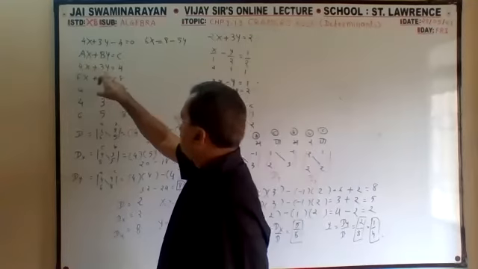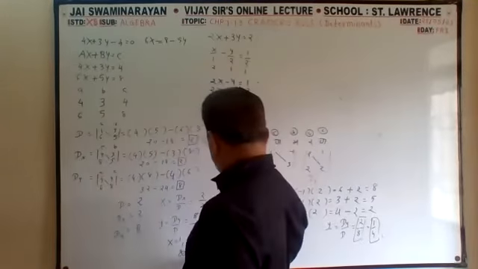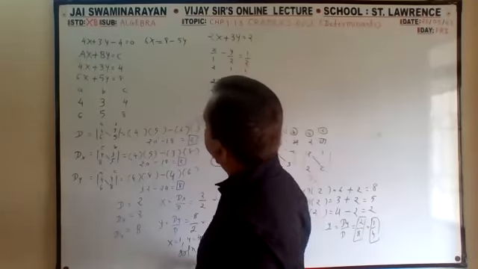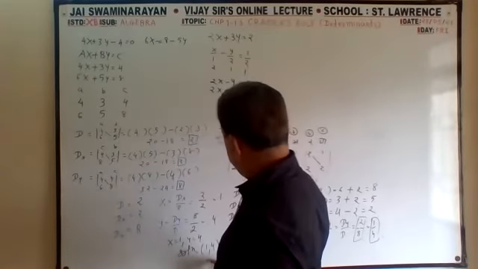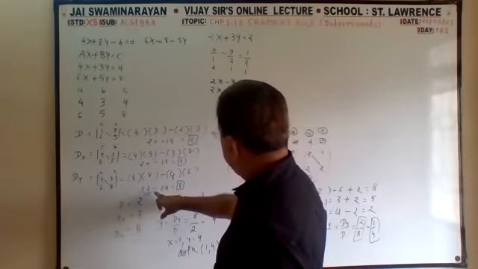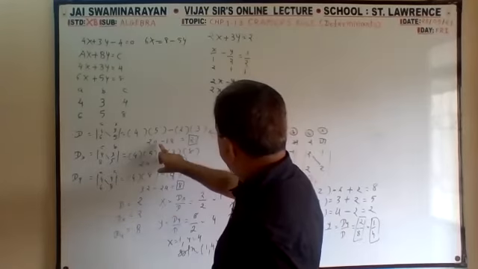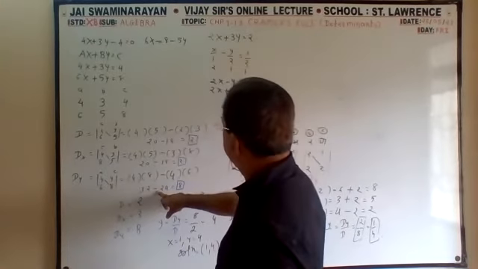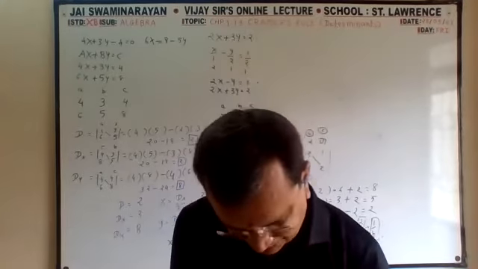4 ones are 4. 4 threes are... See here, bigger figure. See, let's check this.